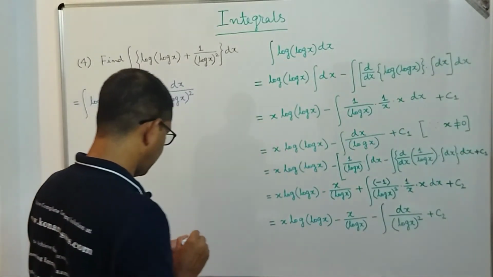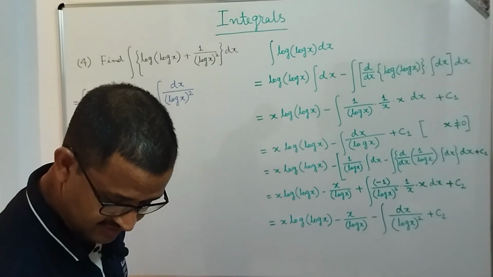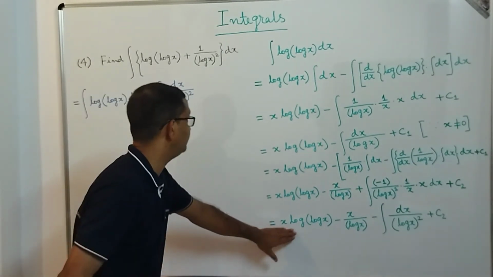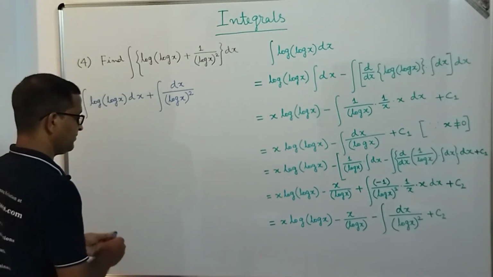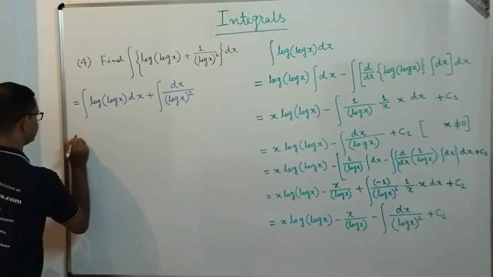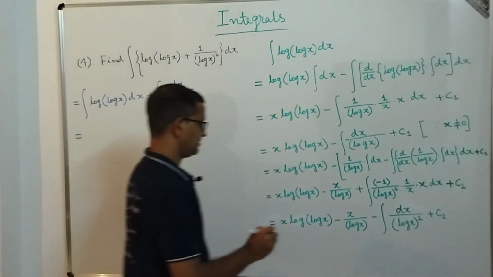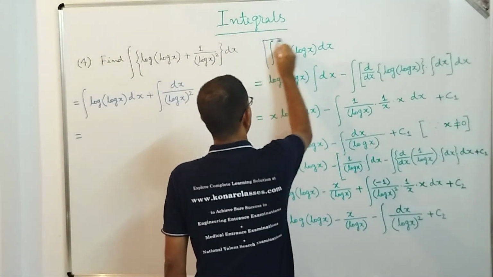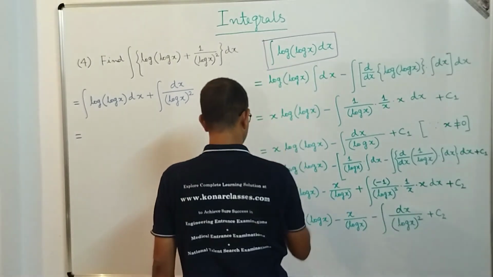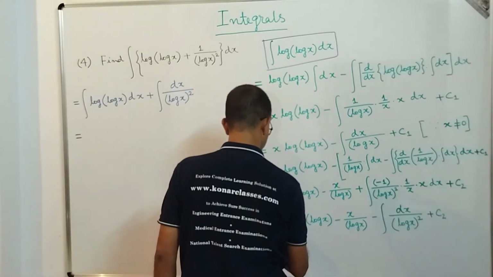Okay, so now let us apply this value here, this integration of log x dx, so we can apply here. What I'm saying is that this value, that integration of log x dx, we get it here.